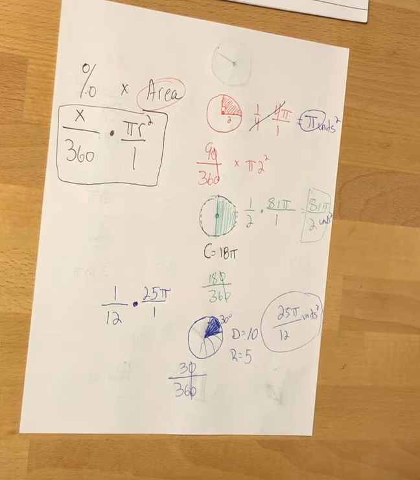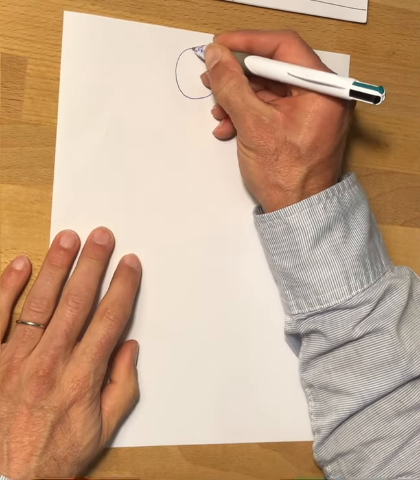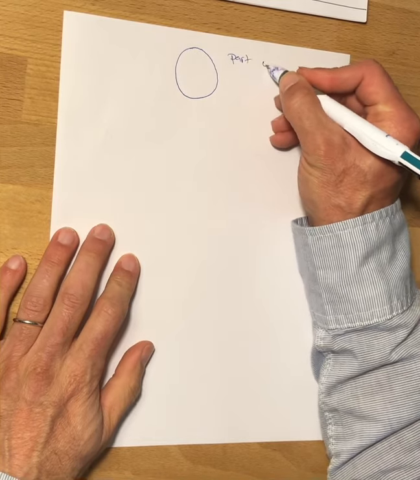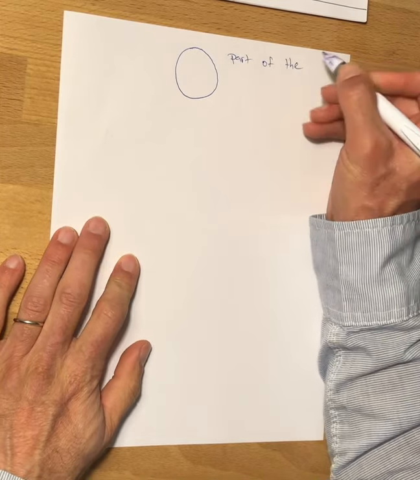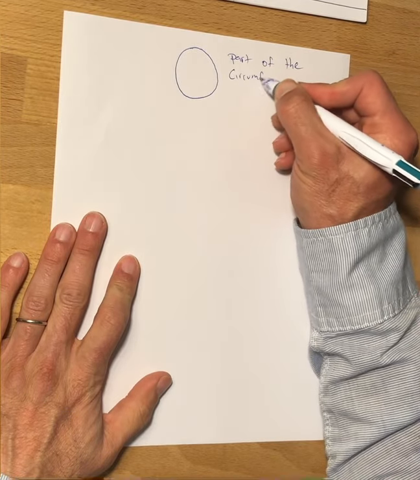Now I'm going to show you two things. The second thing is called the length of the arc. Think of it like it's a part of the perimeter, but we don't say perimeter, it's the circumference.